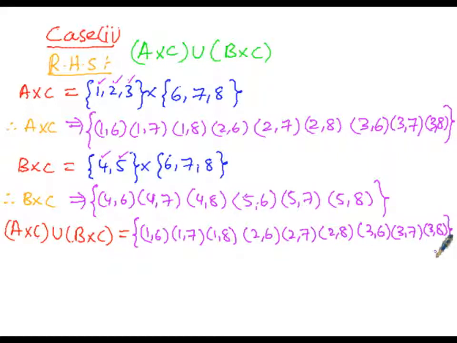Then now we have to find out the union of B cross C, but here B cross C elements are of 4, 6 as the first ordered pair, 4, 7, 4, 8. Then now 5, 6, 5, 7, 5, 8 are the last 3 ordered pairs.